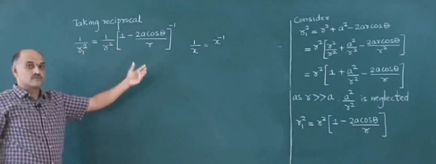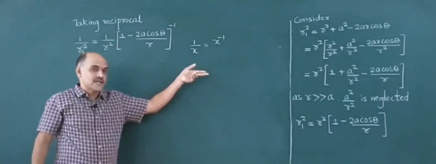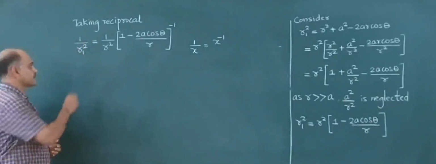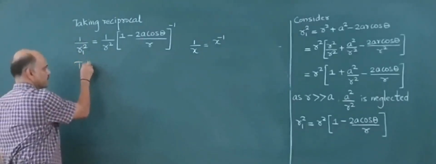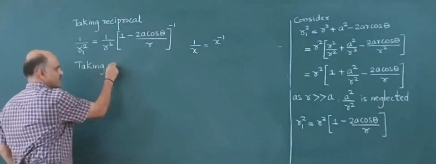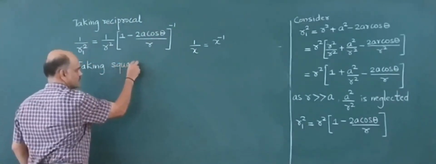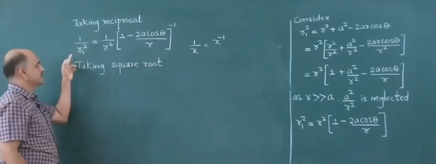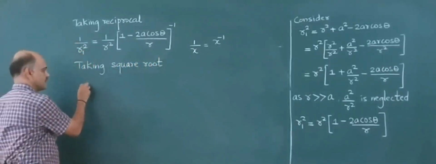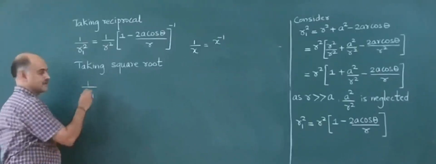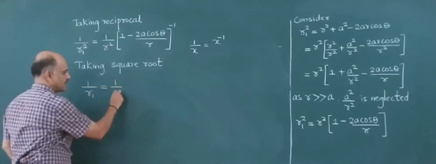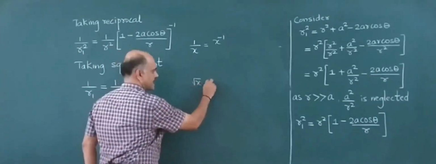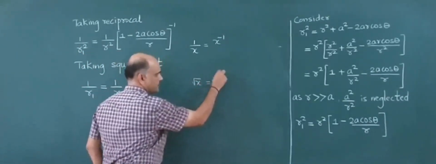Now if you go back and see in equation 1, I need 1 by r1. So I will take square root now. So taking square root, 1 by r1 square will be 1 by r1 is equal to 1 by r. Now instead of root x, I can write it as x raised to 1 by 2.